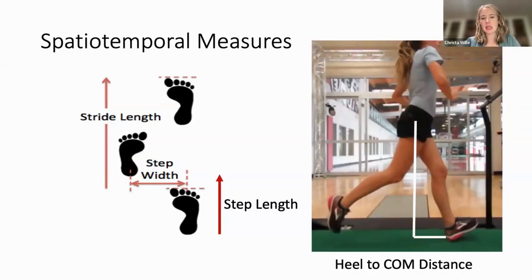But oftentimes clinically, when we have a two-dimensional video that we're looking at and analyzing, we have to modify those variables, those parameters slightly to work with and fit within the bounds of what we have. And in this case, we oftentimes describe that as the heel to center of mass distance, and that's indicating a component of that stride length within one limb only.